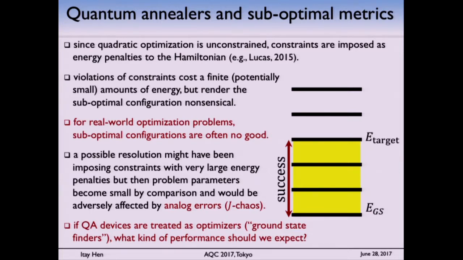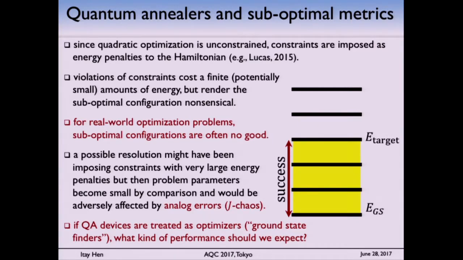And so if we add them as penalties, then violations of constraints basically cost sometimes a tiny bit of energy. But if you look at the configuration, even though the energy is just slightly above the ground state, still the configuration is nonsensical in terms of the original optimization problem.